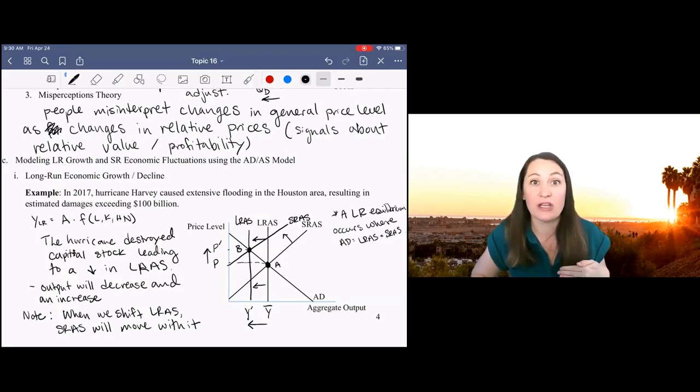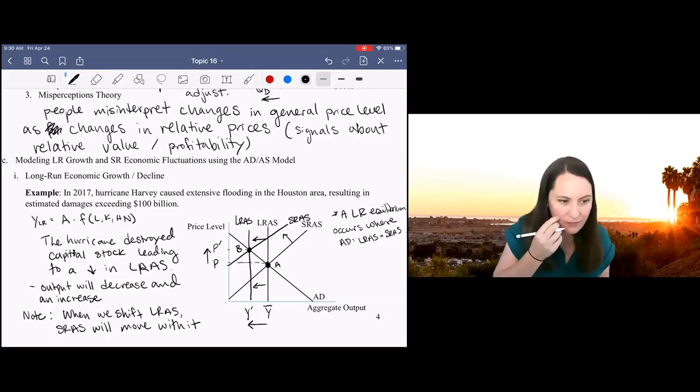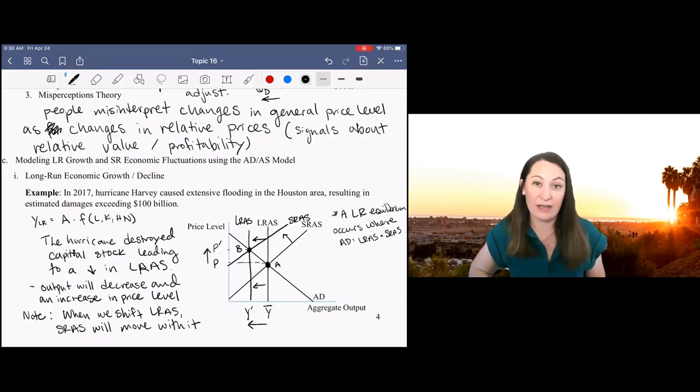Now, as Houston rebuilds, they will probably regain productive capacity, and long run aggregate supply would again shift out. So just want to make that distinction here before we move into our short run aggregate supply shock and aggregate demand shock examples. This is an example of economic decline due to some event that affected our real productive capacity.